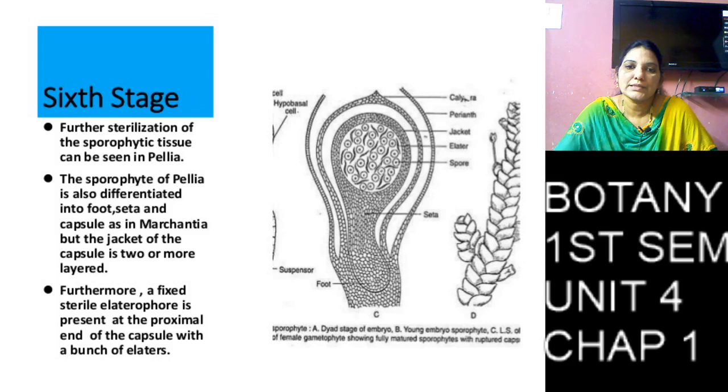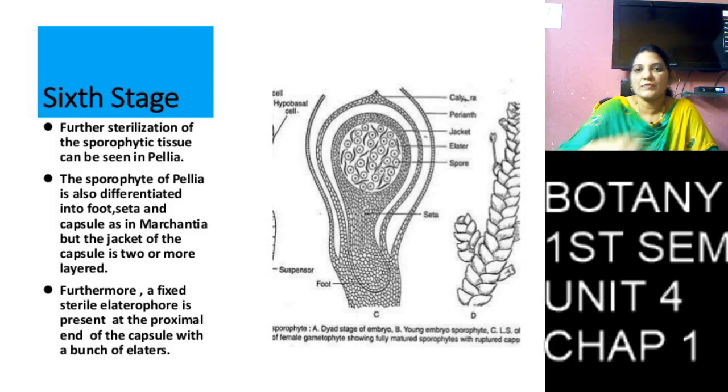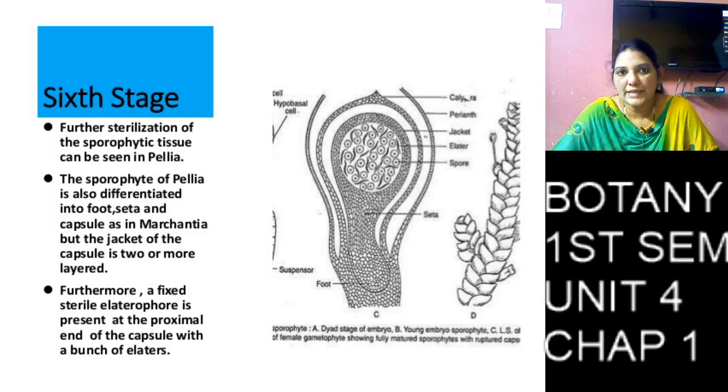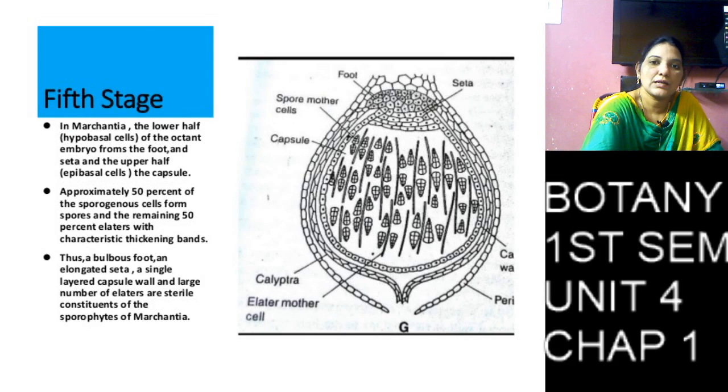The seta is also attached to the foot and absorbs water and minerals for the capsule. The capsule is very developed, with 3 to 4 layers of jacket layers. We can see this in the last pictures.